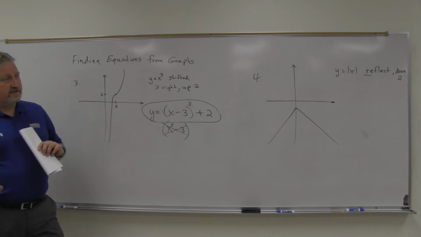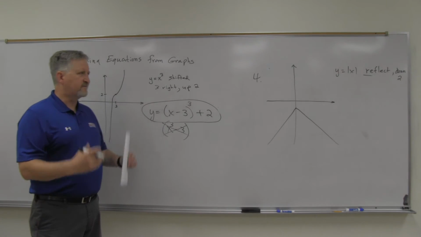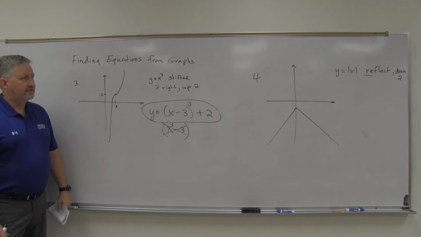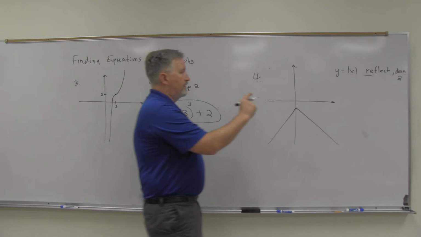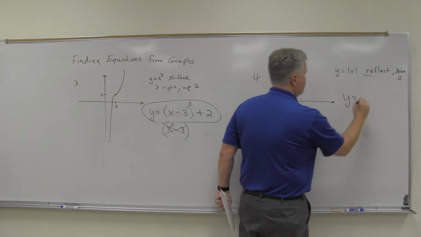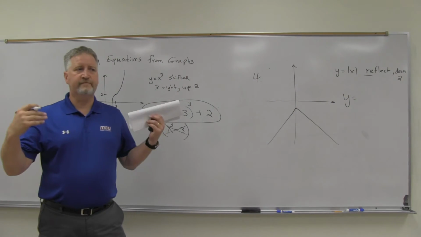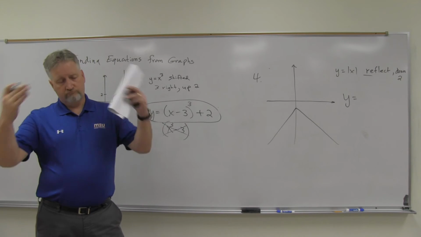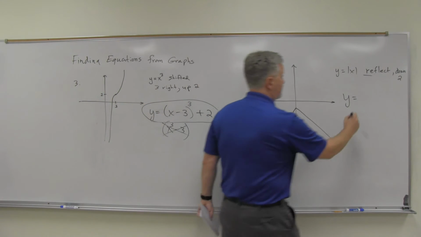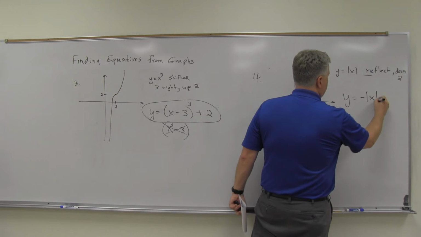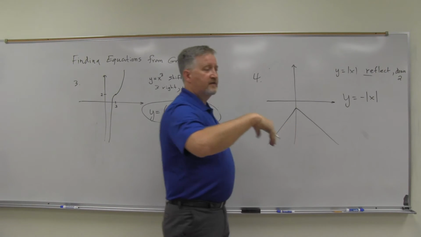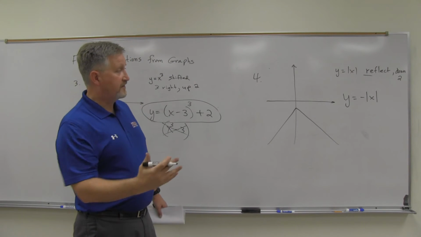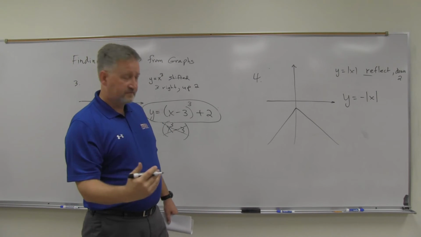So it's a reflection and then down 2. So this one I got to do a reflection, and how do I do it? Put a minus in front of the absolute value, and then down 2. That's up or down, that's the outside, so it's outside the absolute value, and then down is negative 2.